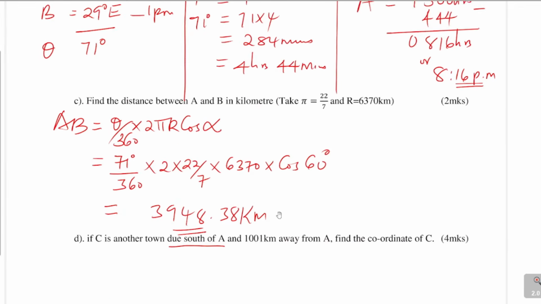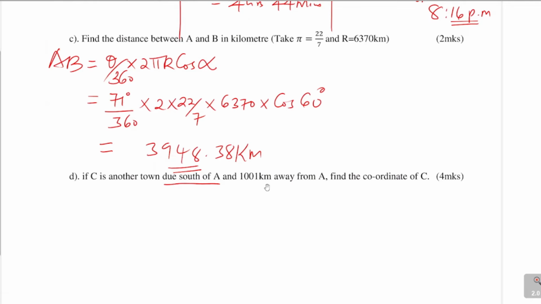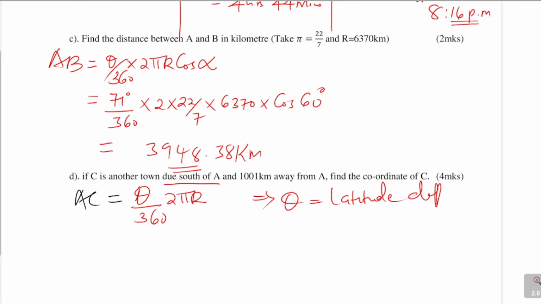And we have been given that distance is 1001 kilometers. So how do you get distance along the great circle in kilometers? It is theta over 360 times 2 pi r. That is how we get that. And in this case, theta will be the latitude difference.